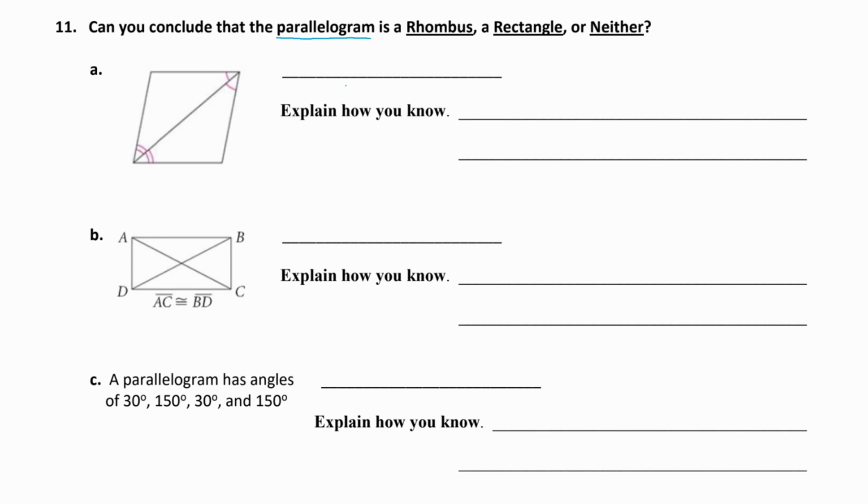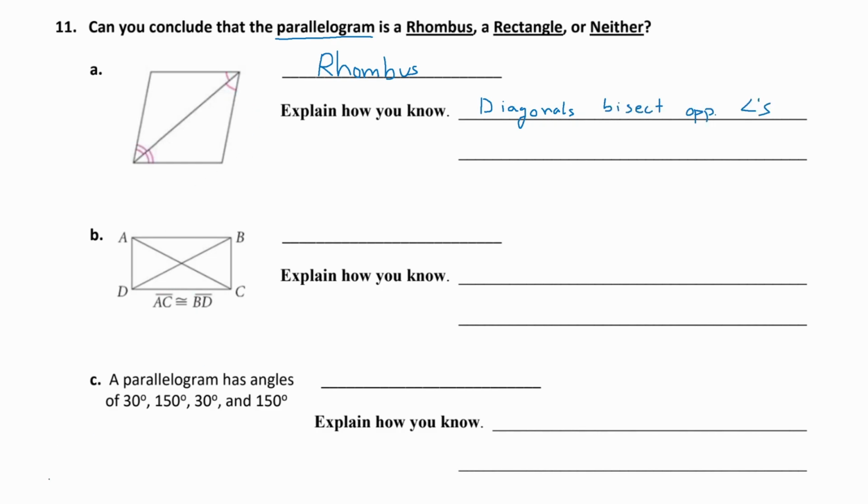However, we know that this is a parallelogram, which means if the angles are being bisected by the diagonal, you would start with the same value for the total angle on each, which means that all 4 of these would in fact have to be congruent. So this is going to be our rhombus.